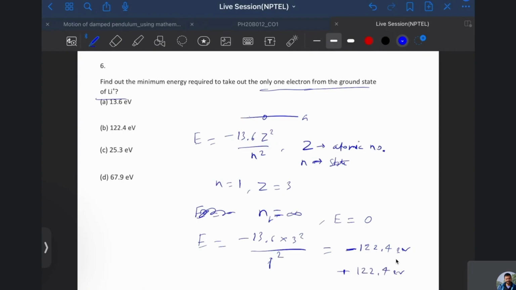It's just the convention, but in the answer you can get confused whether to write negative or positive. If you are asked how much energy is required, then you must answer the positive one. This negative is the energy of the system, and this negative sign shows that it is a bonded system.